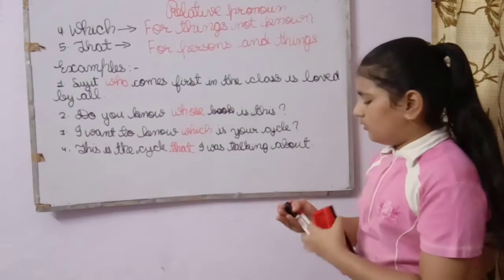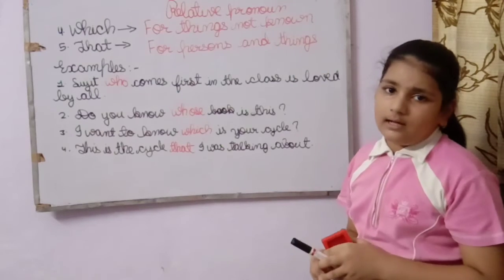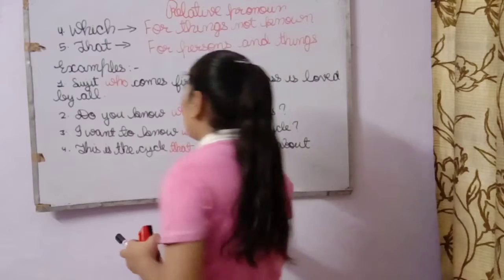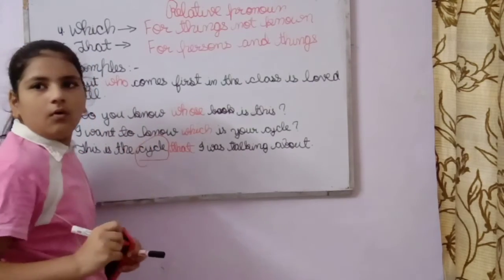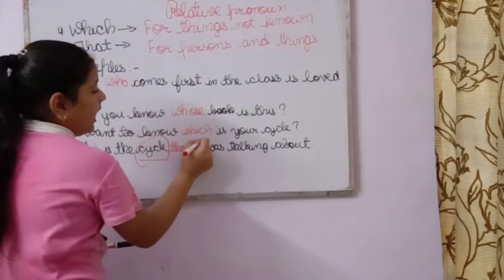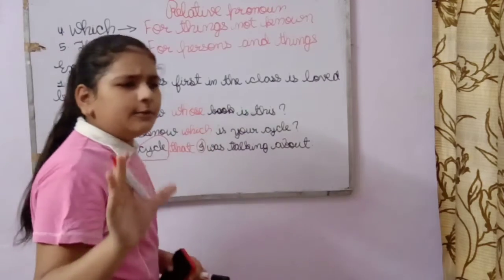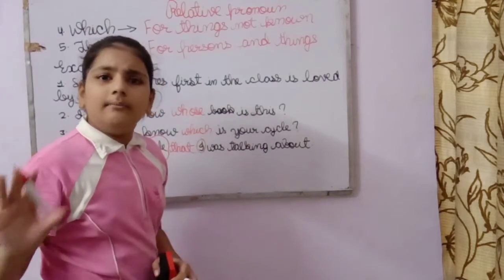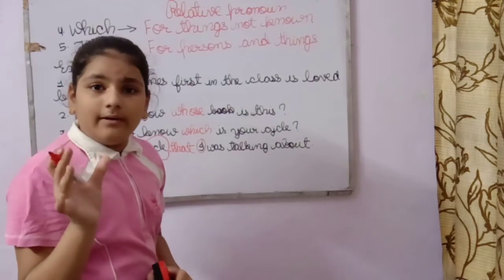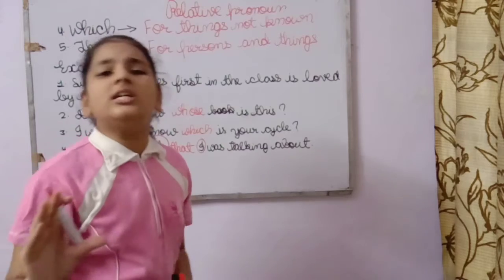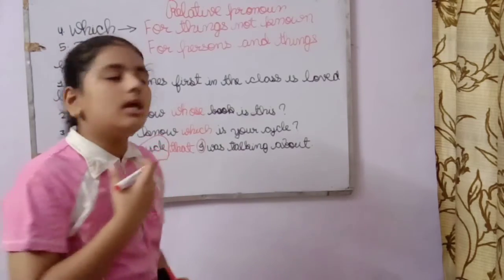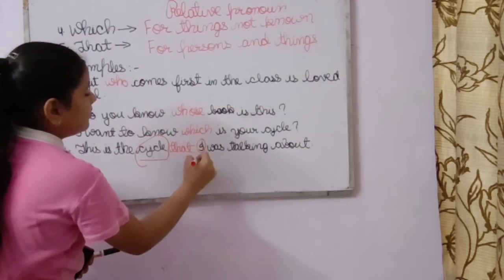Now here you can notice that there is a thing and also a person. The thing is the cycle, and "I" is a person: I'm using "I", but I am a person.